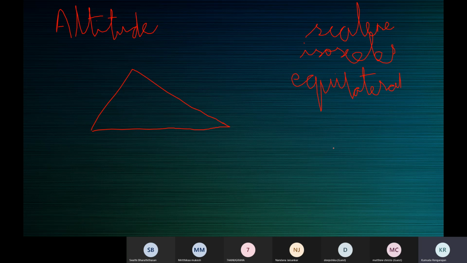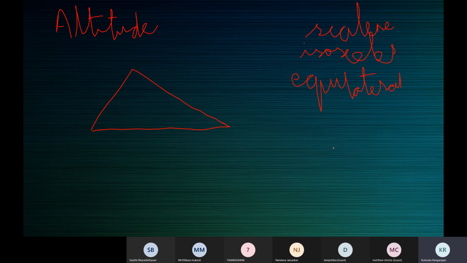In an isosceles triangle, two sides are equal. Of the three sides, some two sides will be equal. And in a scalene triangle, none of the sides will be equal. All the three sides will have different measures. This is how we classify triangles based on their sides.